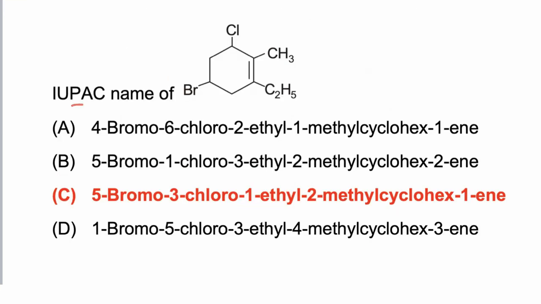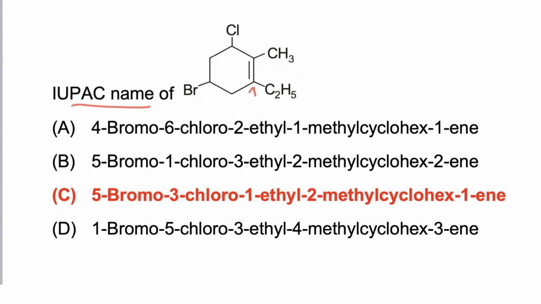In this question we have to find the name of the given compound. The molecule has substituents Cl, Br, ethyl and methyl, and a multiple bond. Priority is given to the multiple bond, so the first number is given to the multiple bond containing carbon.